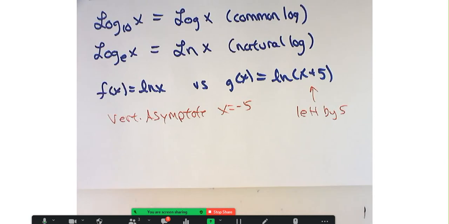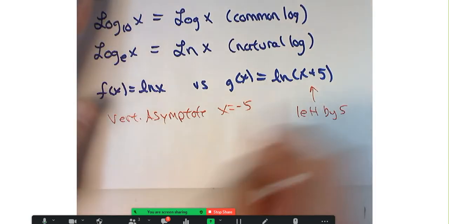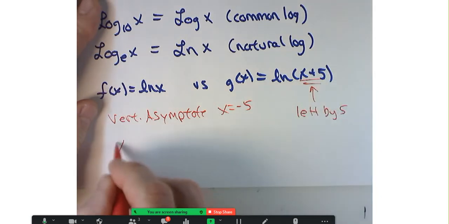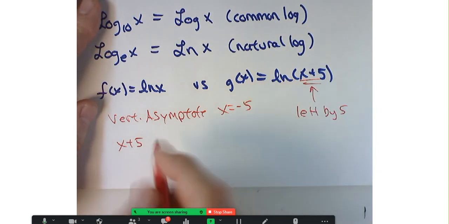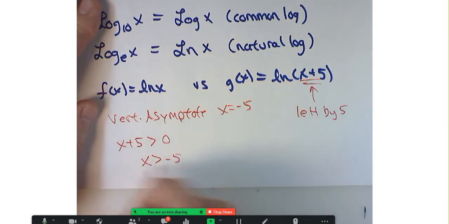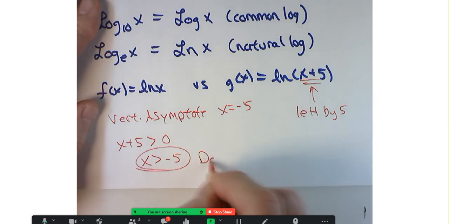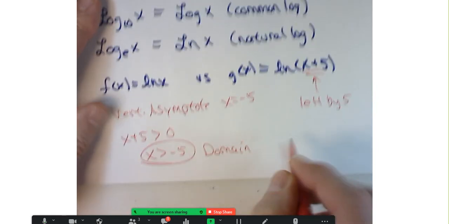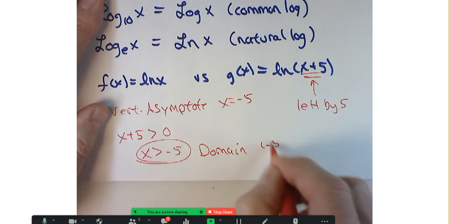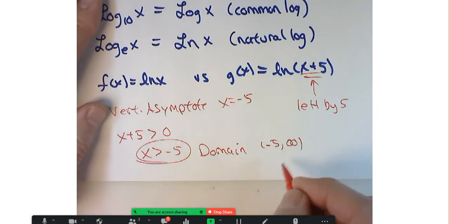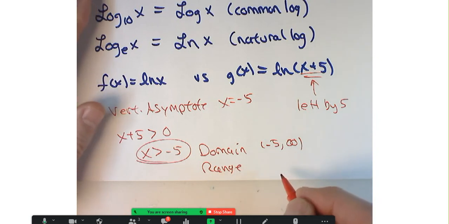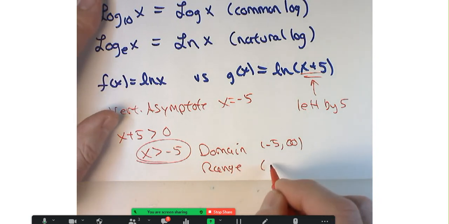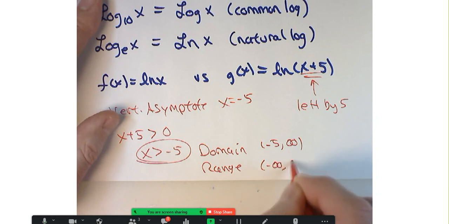One is that we've looked at it, but the other one is you want to make sure that when you're working with a logarithm, x plus 5, or whatever the argument of this is, you want that to be greater than 0, which means x is greater than -5. So that's your domain. In interval notation, it would be -5 to infinity. And the range, as typical with all these things, or most of them, is going to be -infinity to infinity.